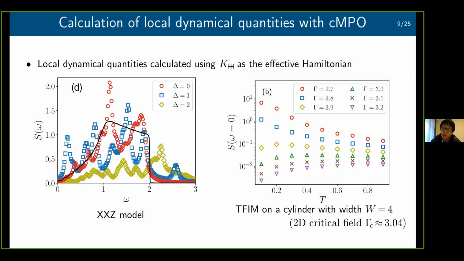Here we directly work in the low frequency limit and calculate this spectral function. This model has a critical field if it is put on the two-dimensional lattice, and on the two sides of this critical field, we can indeed see qualitatively different behavior in our numerical simulation results.